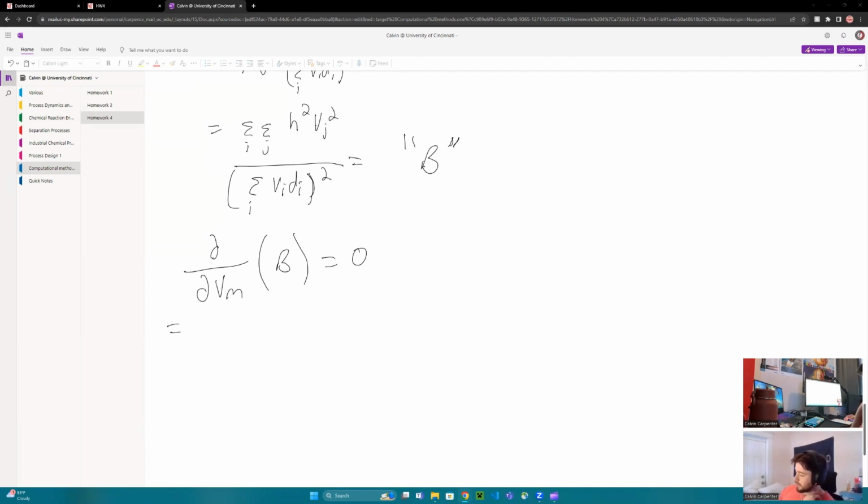Okay, so now if we take the partial derivative, we're going to be left with, take it in terms of VM. Forgive me if I make any errors. It's been a while since I've written out a partial derivative.